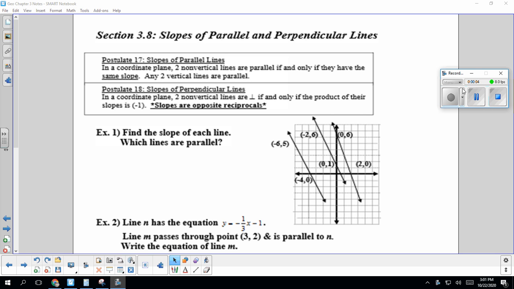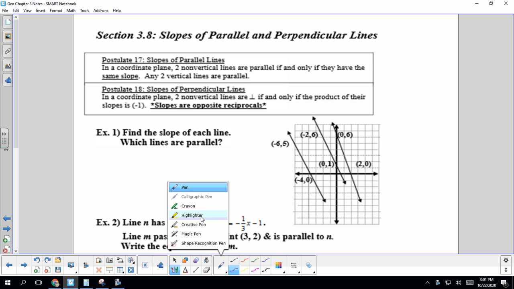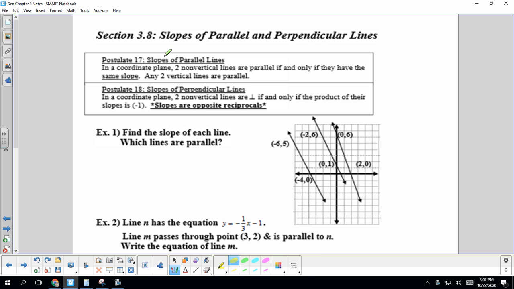Today we're going to chat about slopes of parallel and perpendicular lines. Okay, so please take note. Slopes of parallel lines: in a coordinate plane, two non-vertical lines are parallel if and only if they have the same slope.